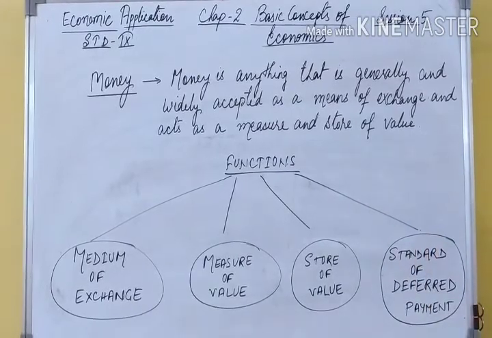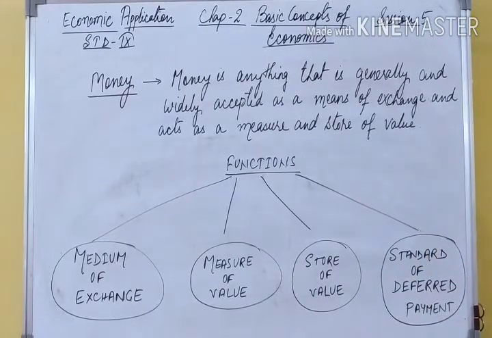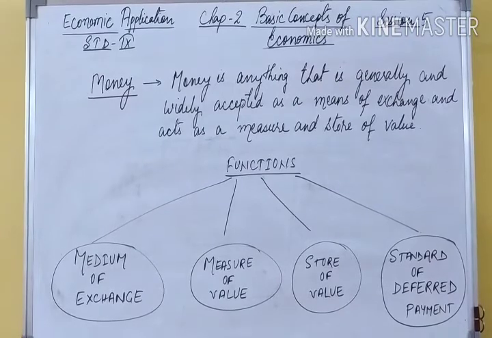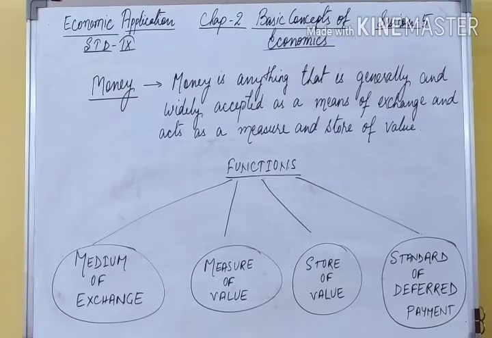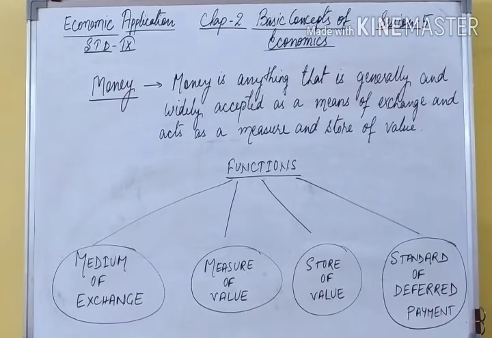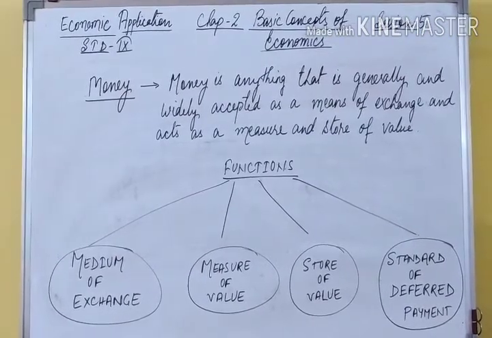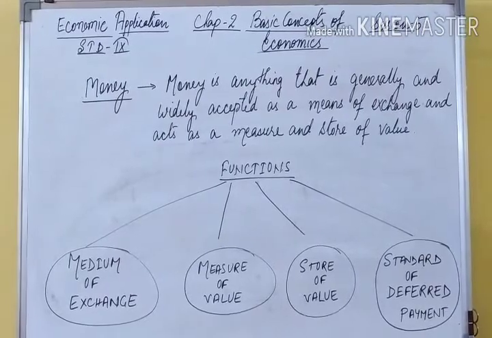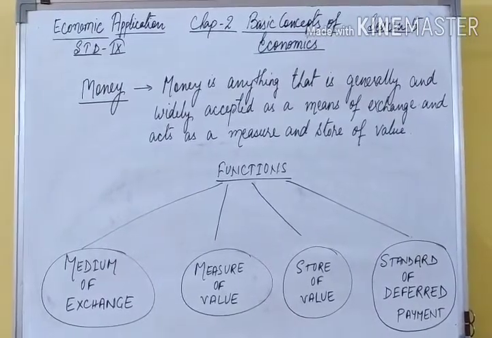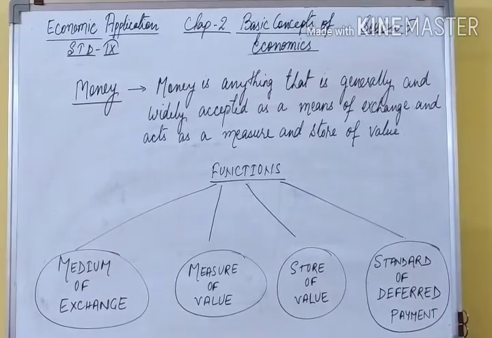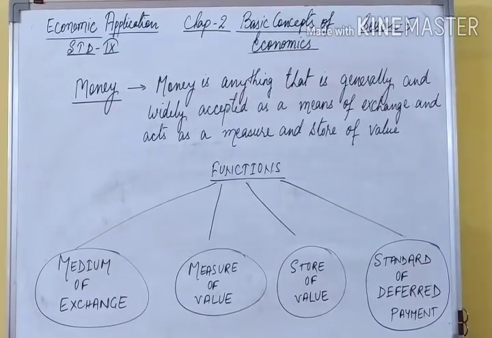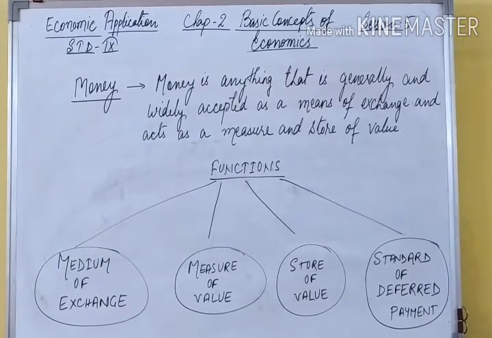So, in the definition, we come to know that whenever we go to a shop to purchase a commodity or any goods, we pay something in exchange for it. What is that? That is money. So it is a medium between the seller and the buyer.